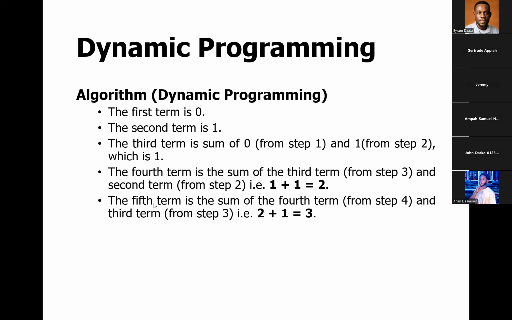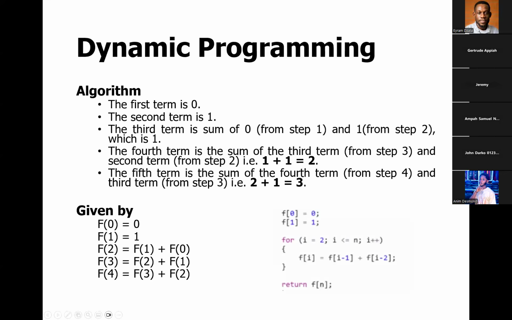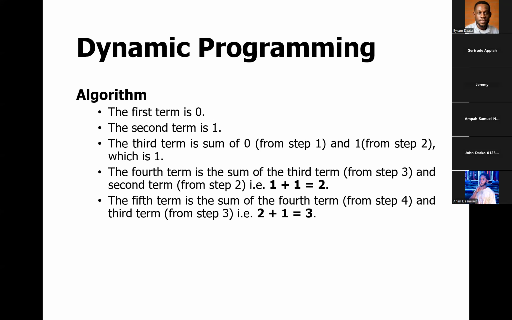And then the fifth term is the sum of the fourth term and the third term, which is 2 plus 3, giving 5. So that's the Fibonacci sequence. It's explained here.